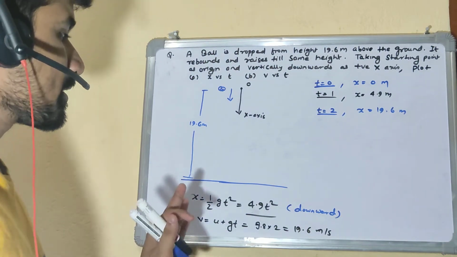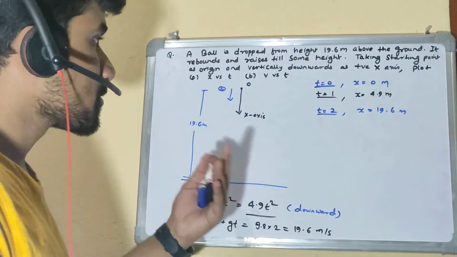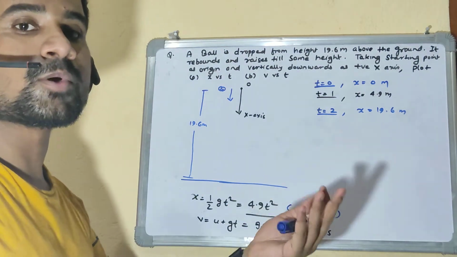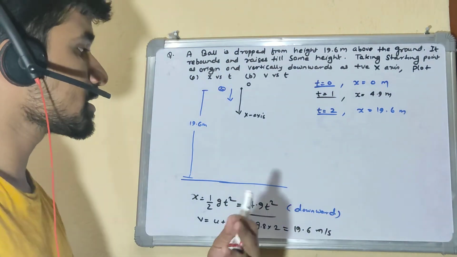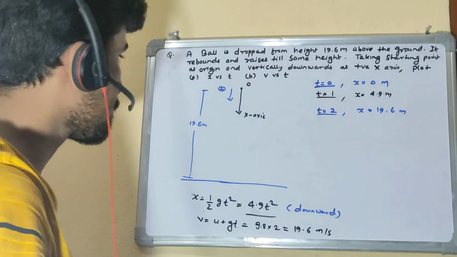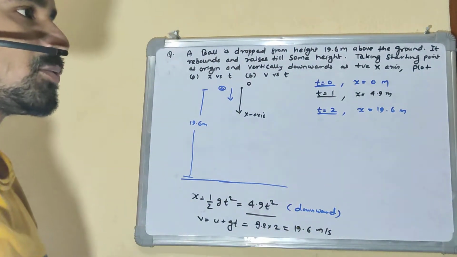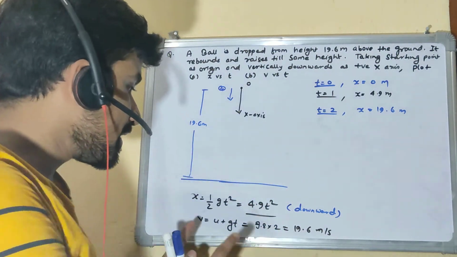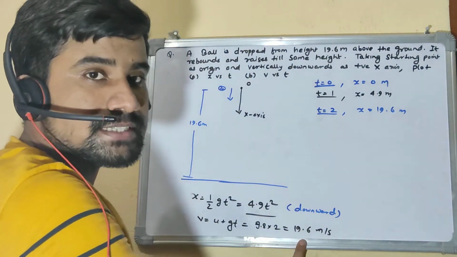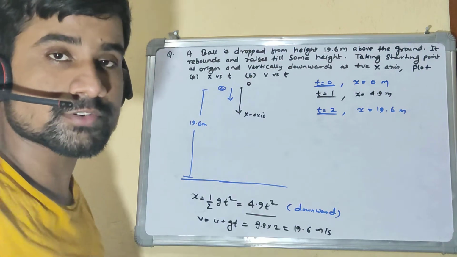Now let's calculate the expression for distance for the rebound motion, which is the upward motion. The initial velocity is 19.6, which was the final velocity for the downward motion.